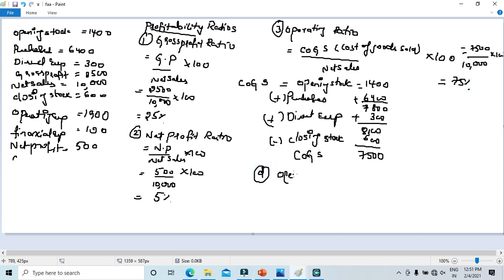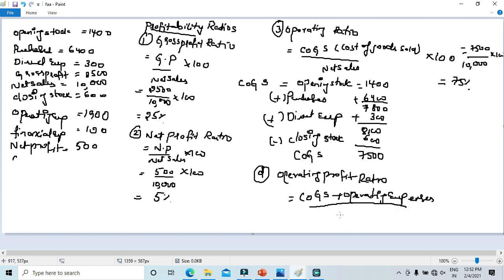So now the last one, operating profit ratio. The formula is COGS plus operating expenses. In the operating ratio you take only COGS, but in the operating profit ratio you need to take COGS plus operating expenses divided by net sales into 100.